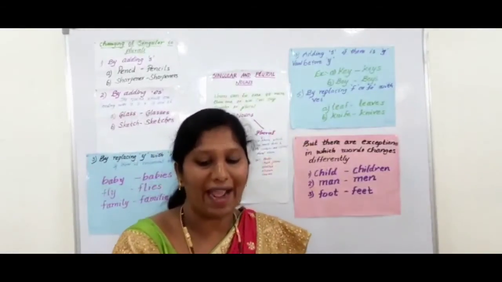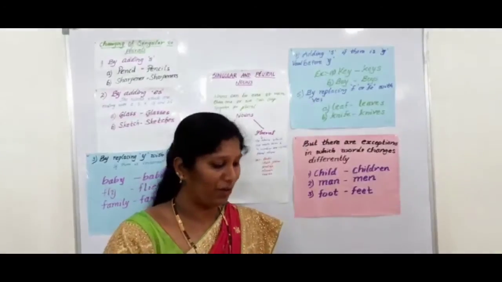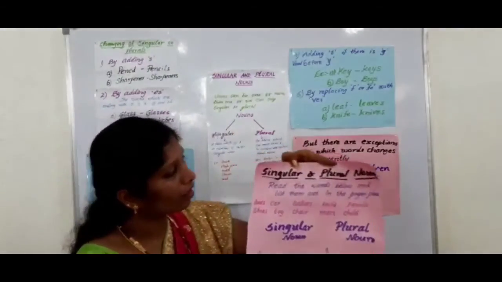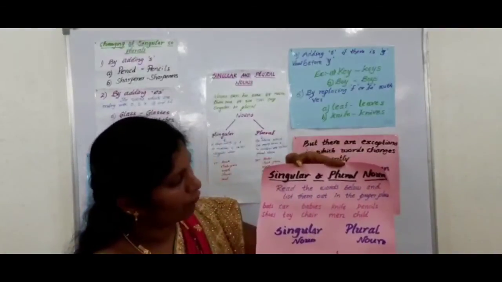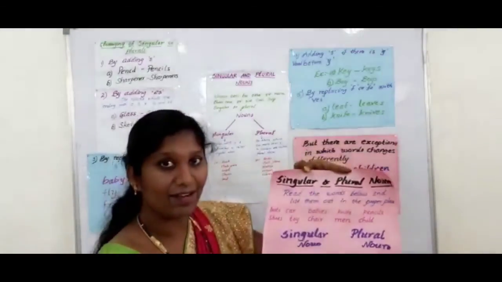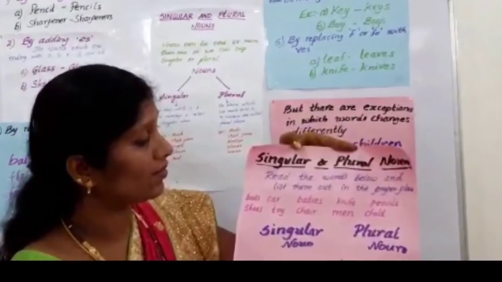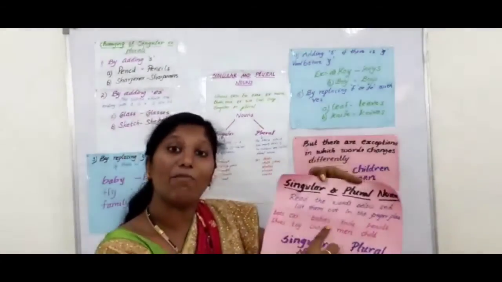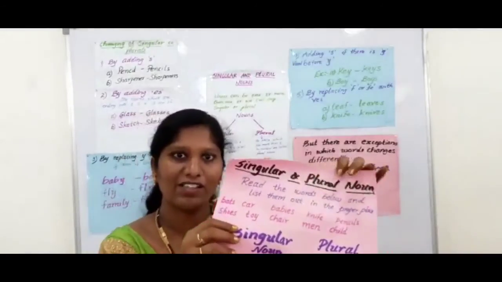Okay. And one more activity. What you have to do is, in the notebook itself, you have to write the main heading, singular and plural nouns. Okay. So, here I have given you some words. Can you see these words, children?